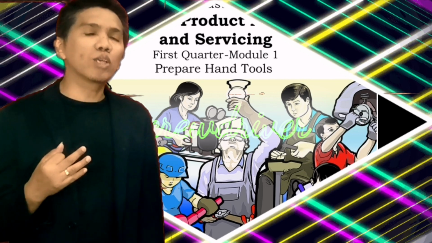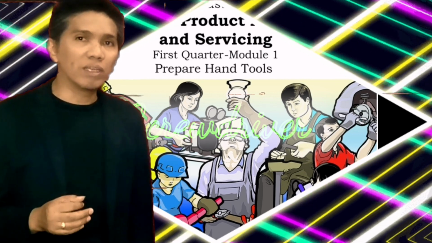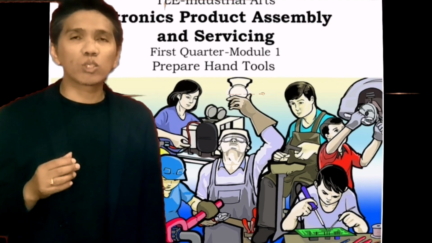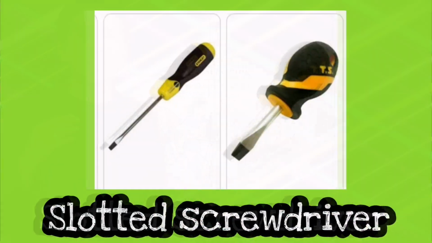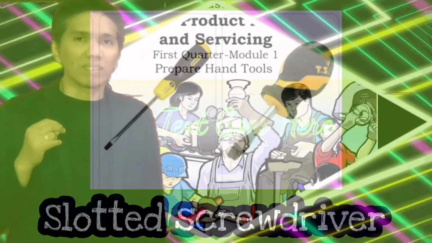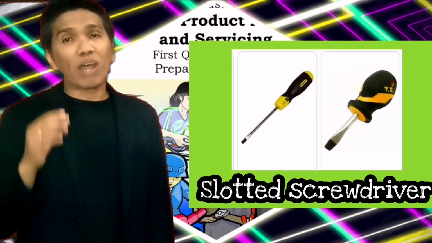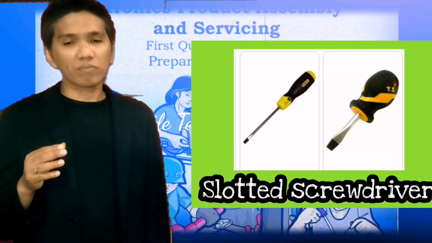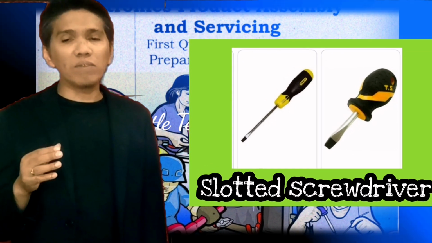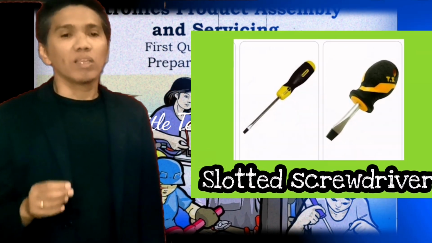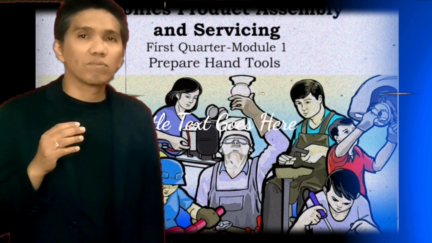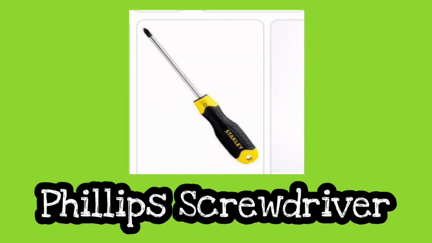There are 3 kinds of screwdriver. Number 1 is called the slotted screwdriver. This screwdriver is used to drive or fasten the negative slotted screw. Number 2, Phillips screwdriver.